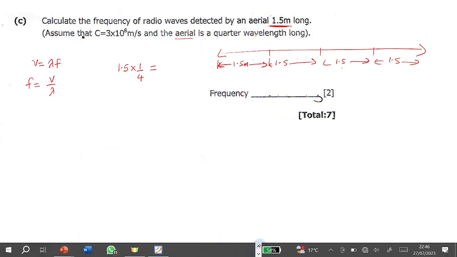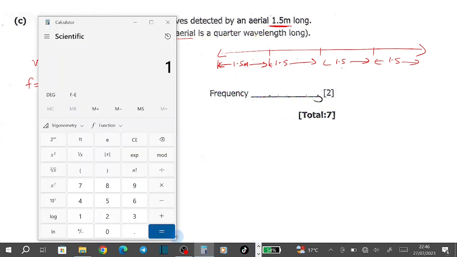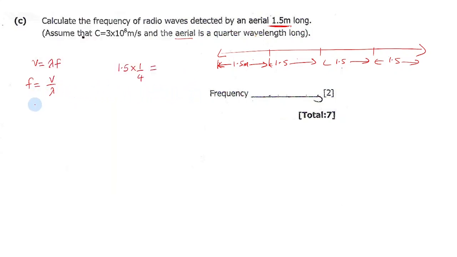So 1.5 times 4 will be 6. So the frequency will be 3 times 10 to the power 8 over 6.